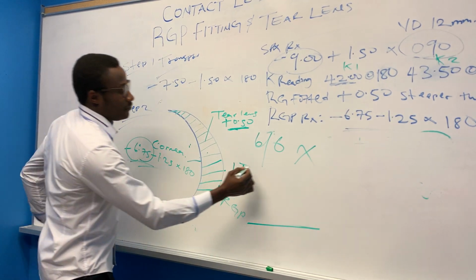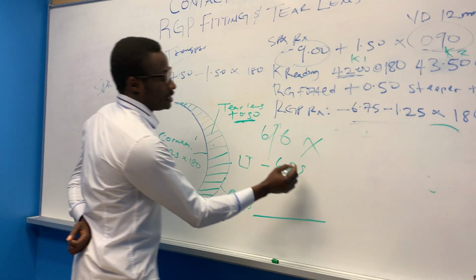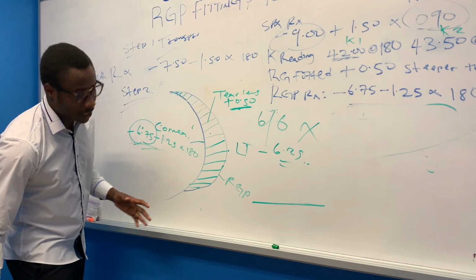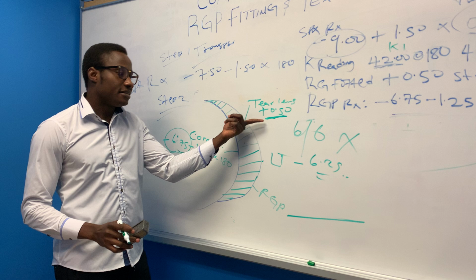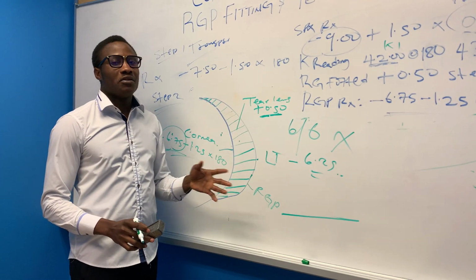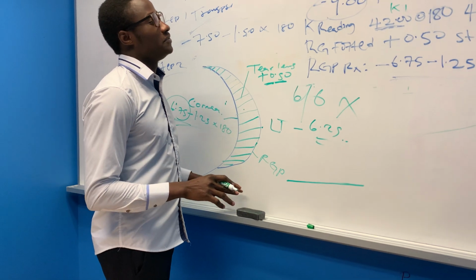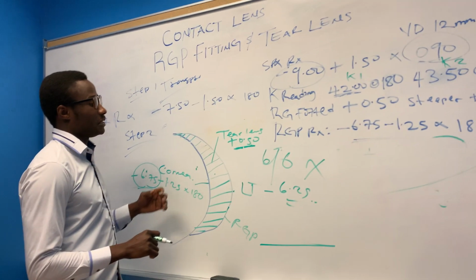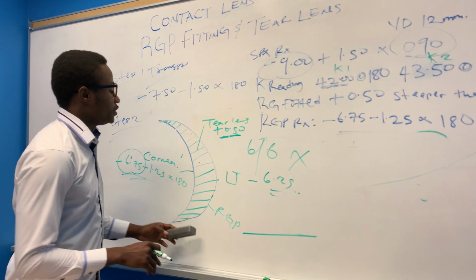The patient is going to have minus 6.25, which will not get him to this VA. Yeah, it's quite understandable. I'm supposed to fit this, and I'm creating this tear lens. That is why RGP lens is more complicated to fit. You must be a professional to fit an RGP lens. It's not like a soft lens where you dispense and the patient leaves your clinic. RGP lens requires a lot of calculation.